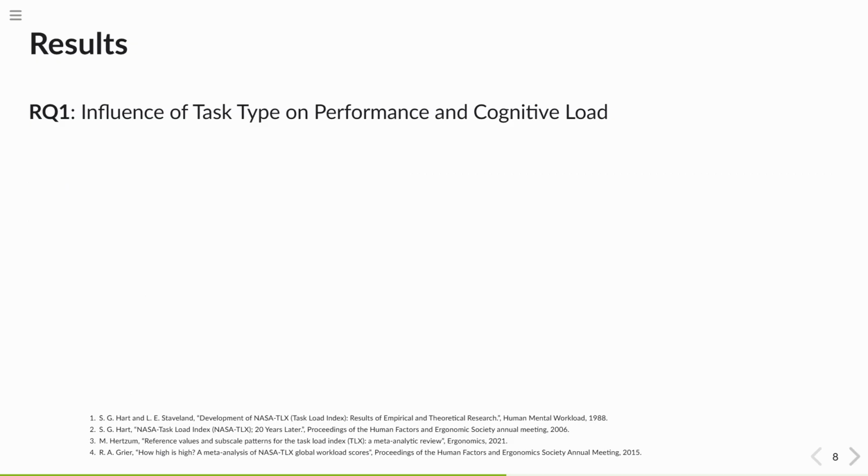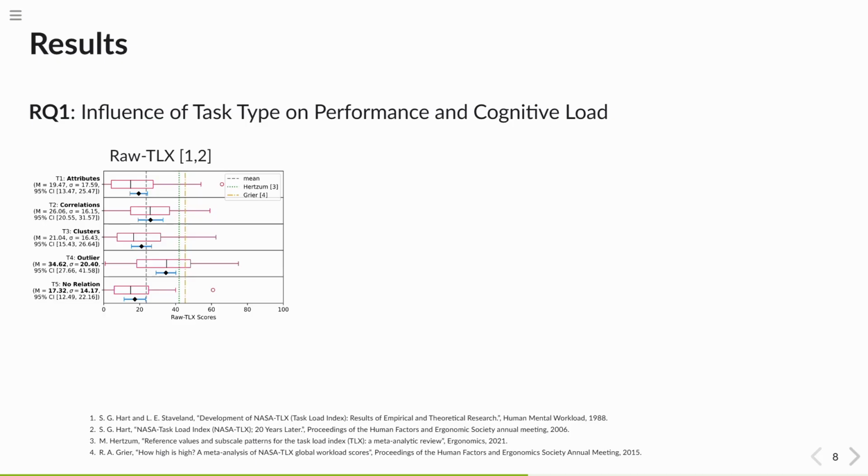First, we evaluate how typical scatterplot tasks affect performance and cognitive load within our application. According to the NASA questionnaire, the mean task loads per task type are all notably lower than the averages reported in the literature, which are marked by the green dotted and yellow dash dotted lines.